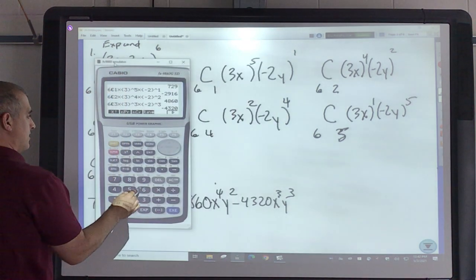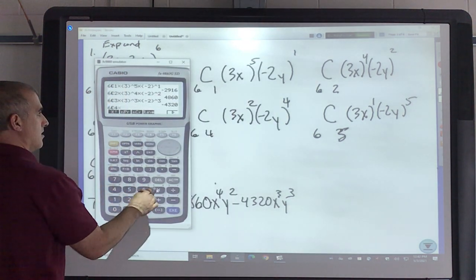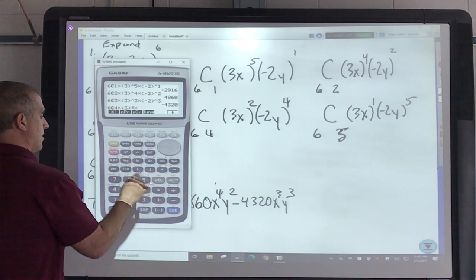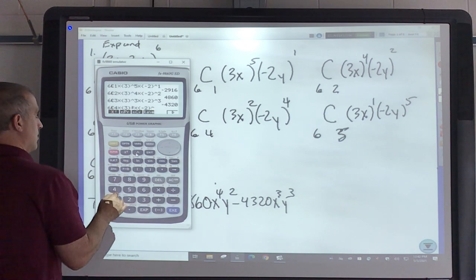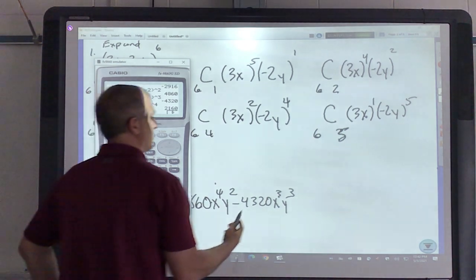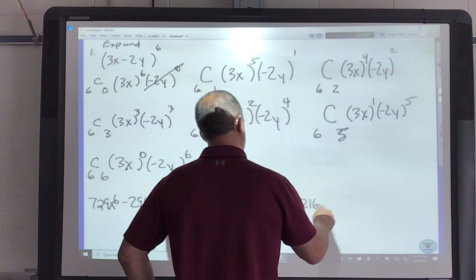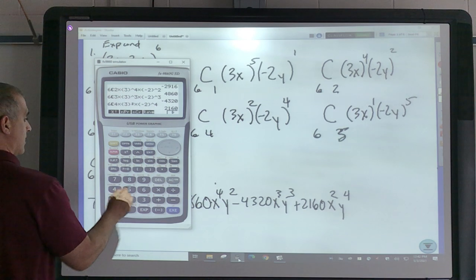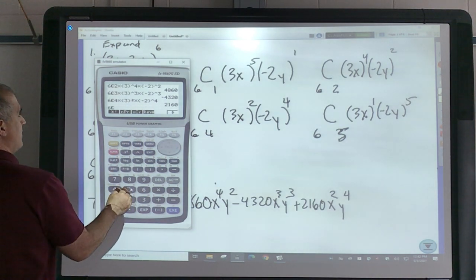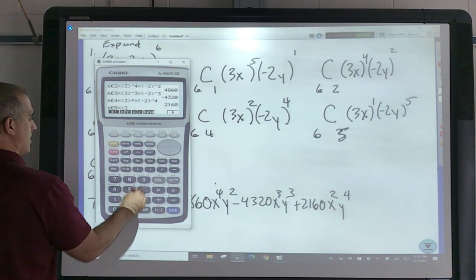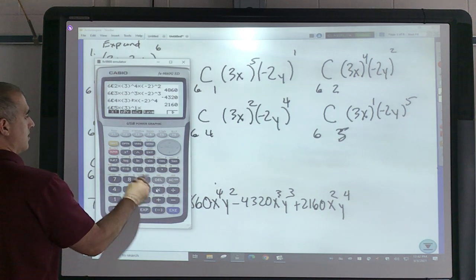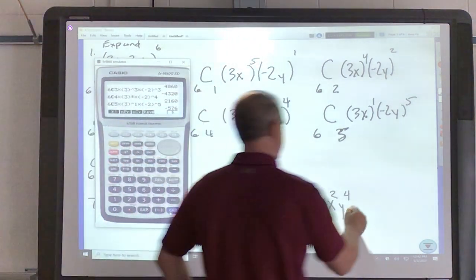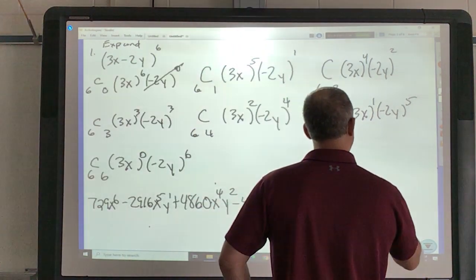Okay, then 6 choose 4 times 3 squared times negative 2 to the 4th, 2160 x^2 y^4. Then I got 6 choose 5 times 3 to the 1st times negative 2 to the 5th, negative 576 x^1 y^5.